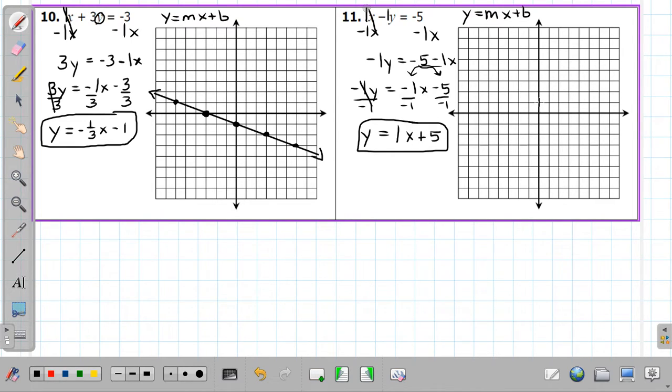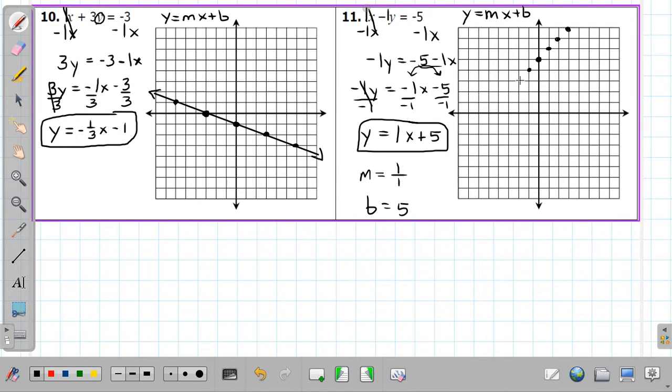So my graph is go up 5. 1, 2, 3, 4, 5. My slope is 1 over 1. And you can actually write it down here like you did before. 1 over 1. My b is 5. So then I'm going to go up 1 over 1. Up 1 over 1. Up 1 over 1. Okay. And then you could go down 1 over 1. So down 1, left 1.